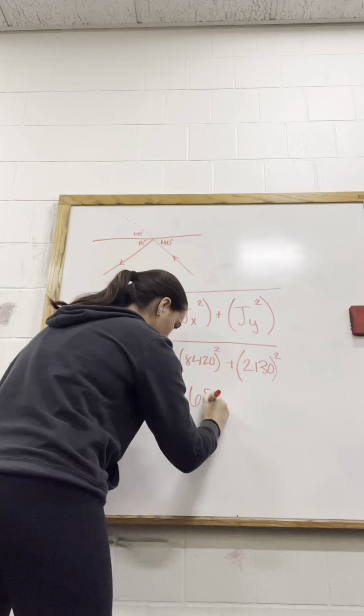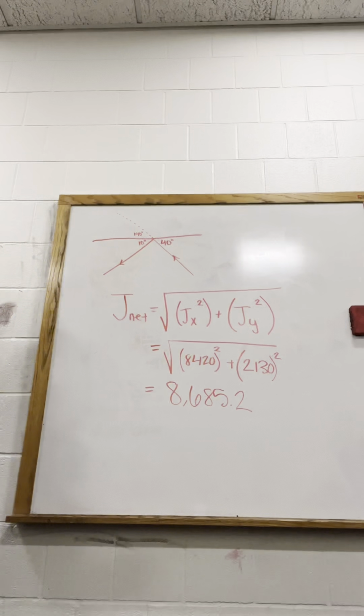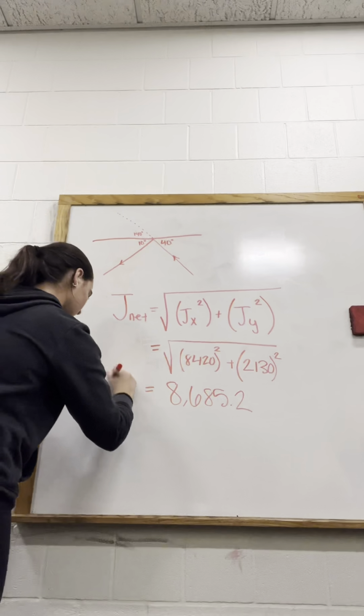After plugging in these values, we end up finding that the J net is 8,685.2.